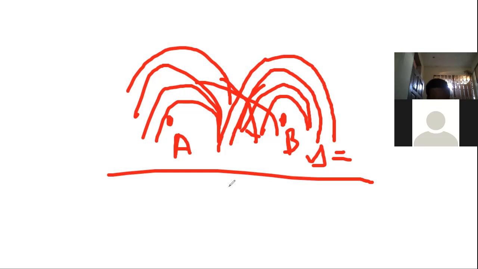The net displacement at any point in the medium is the sum of the displacements that would be caused by each wave alone in the medium at that time.